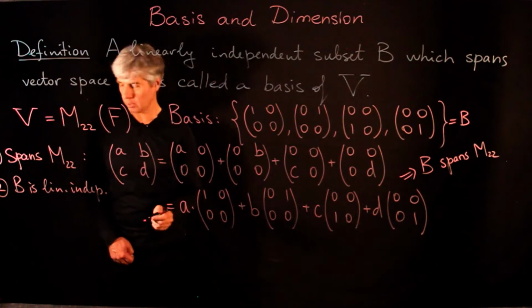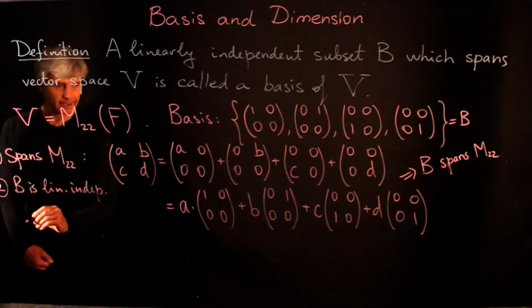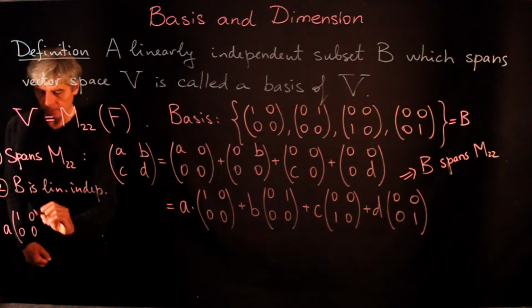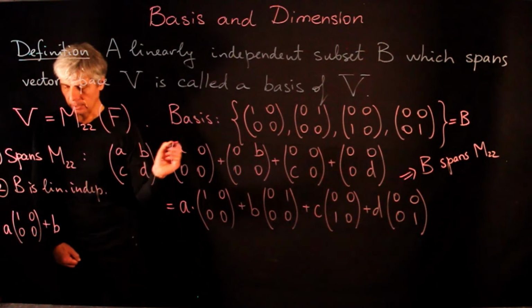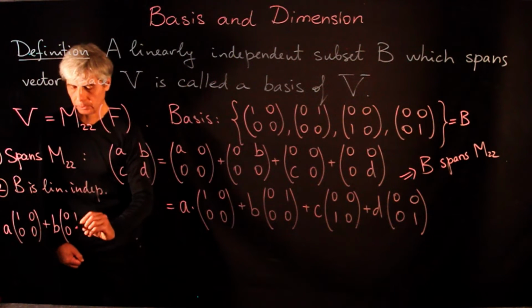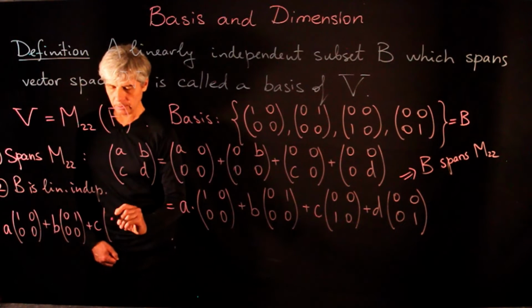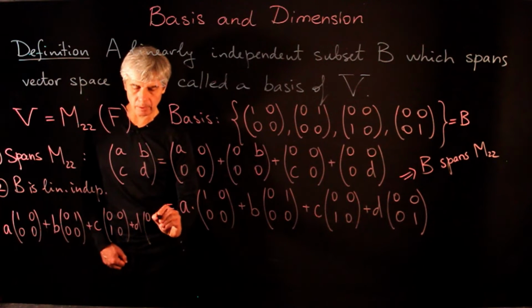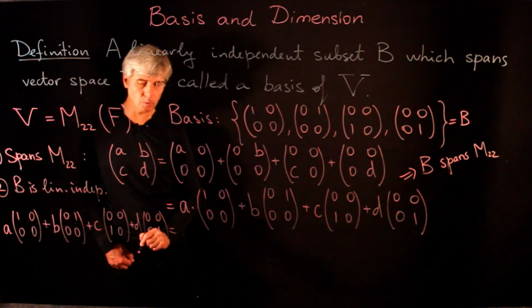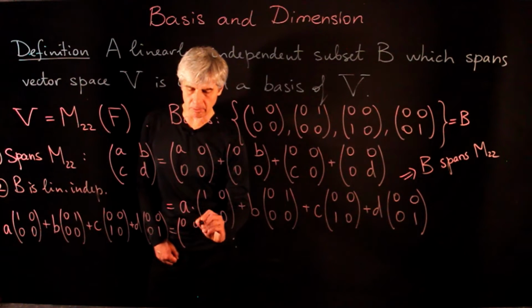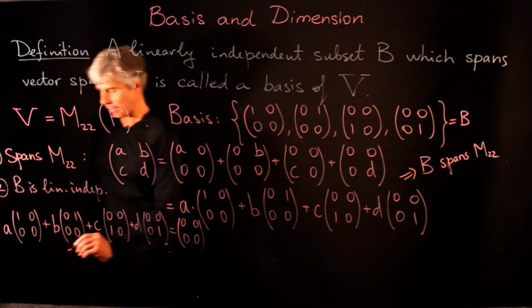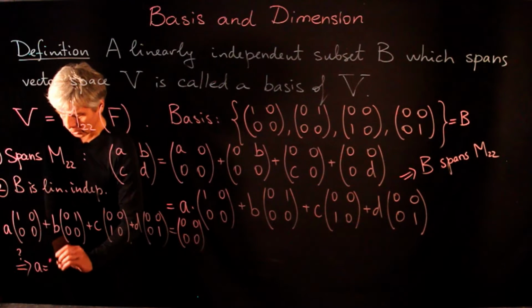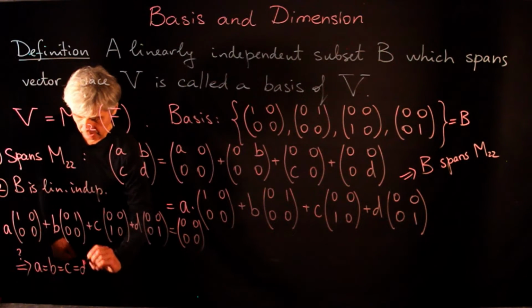That would mean the following: if we have a linear combination of this set of vectors which is equal to a 0 vector, where the 0 vector is a 0 matrix here, then we need to show that this implies that all coefficients of this linear combination are equal to 0.